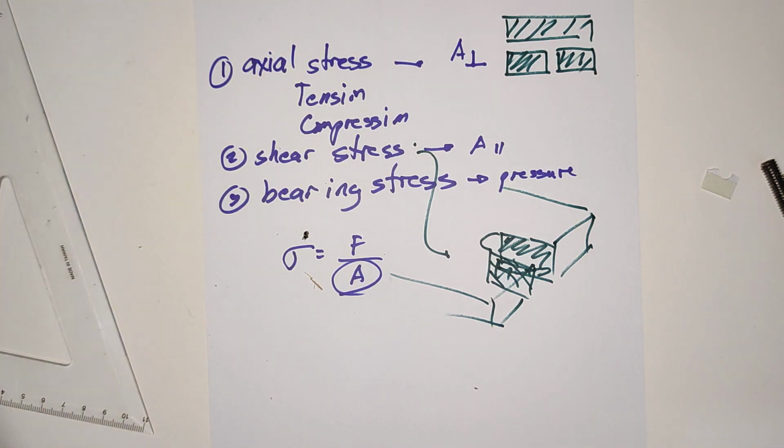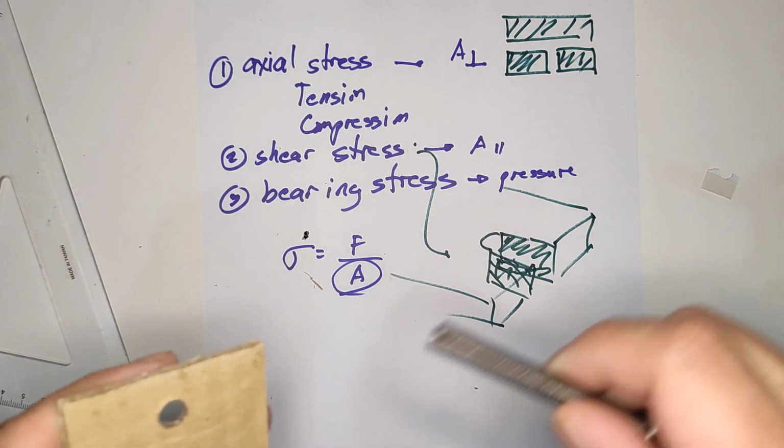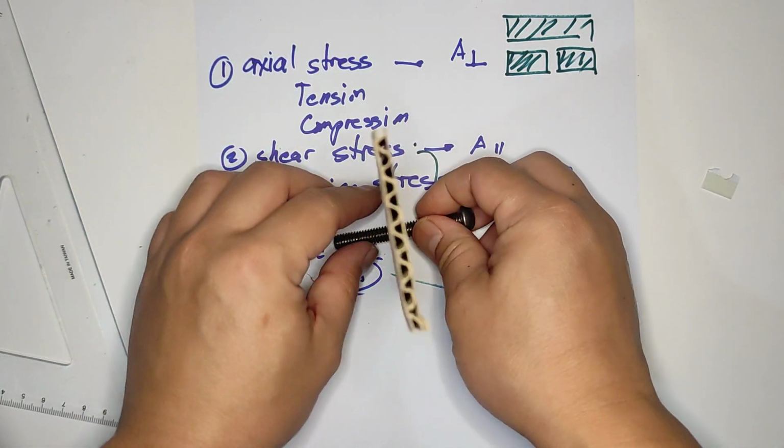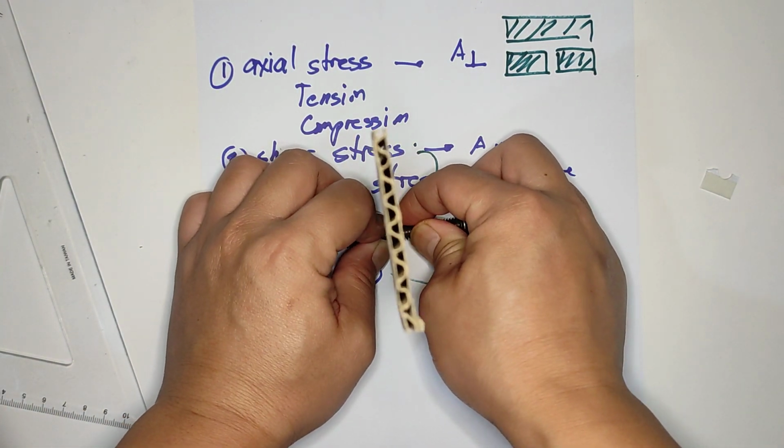Now how about the bearing? The bearing stress will happen, let me see, where's the other, oh, I don't have the other one. Anyway, the bearing stress is, in Tagalog, pipitpit. I will just put it like that.